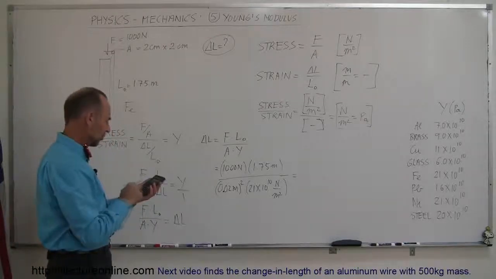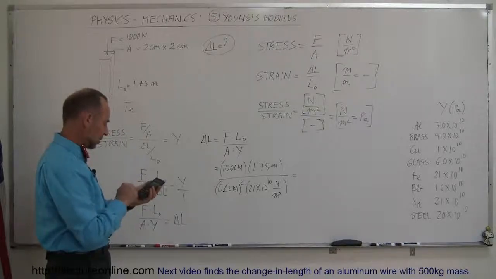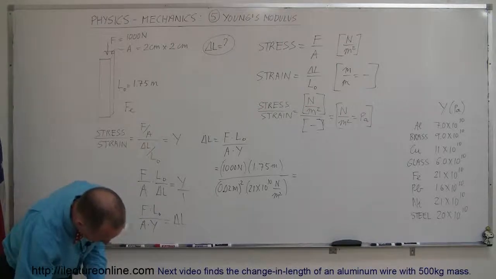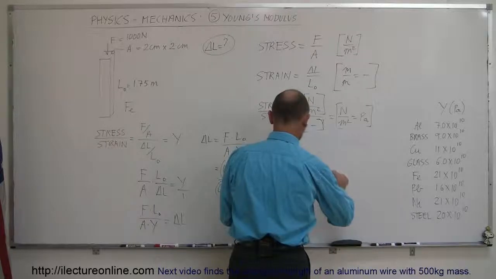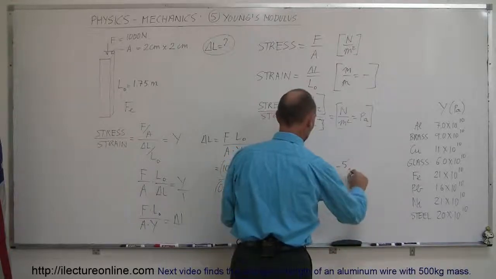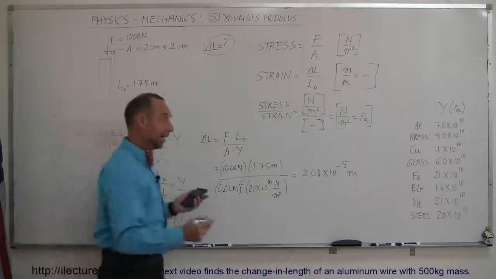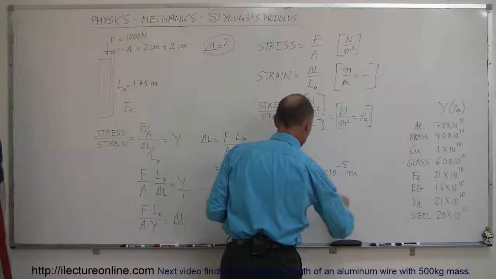So we have 1,000 newtons times 1.75 divided by 0.02 squared, and divide by 21 times 10 to the 10th, and that's a pretty small number. That's equal to 2.08 times 10 to the minus 5 meters, because we're looking for delta L. That is 0.0208 millimeters.